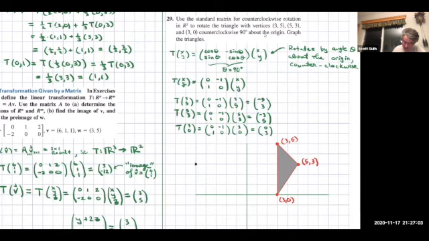So there's this point. There's a (-3, 5) up here. And then, of course, there's a (0, 3). So 0, 1, 2, 3 there.